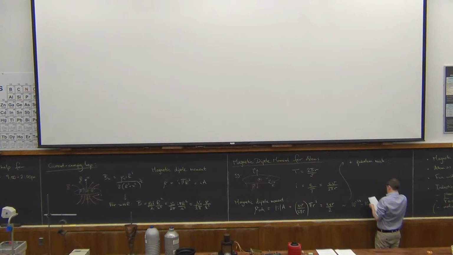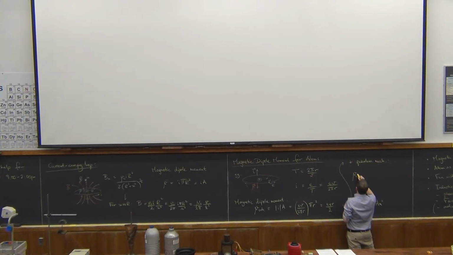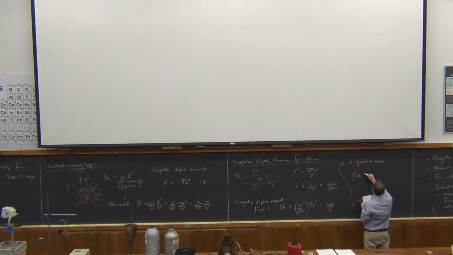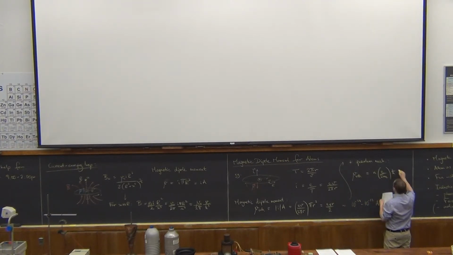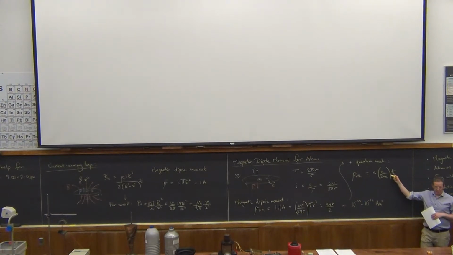it turns out that this orbital magnetic dipole moment associated with electrons can be characterized in terms of rather different variables, namely, most importantly, in terms of this.